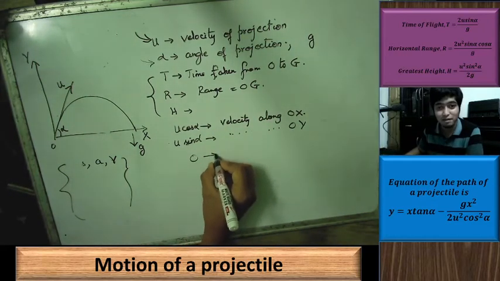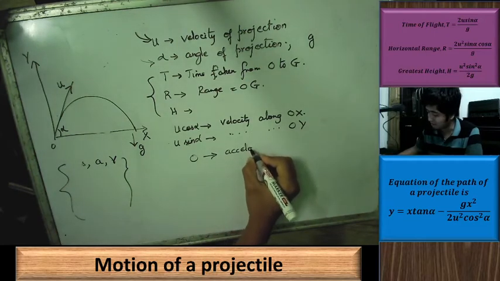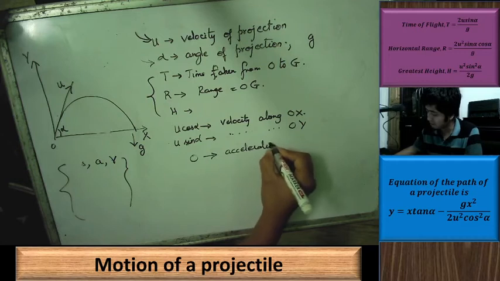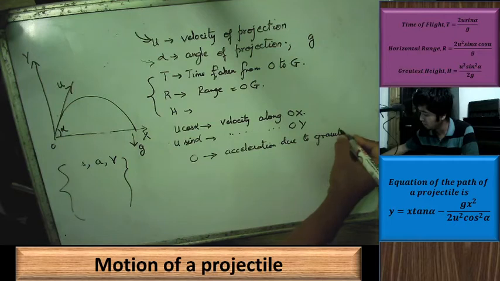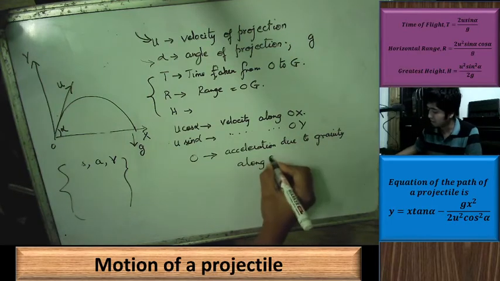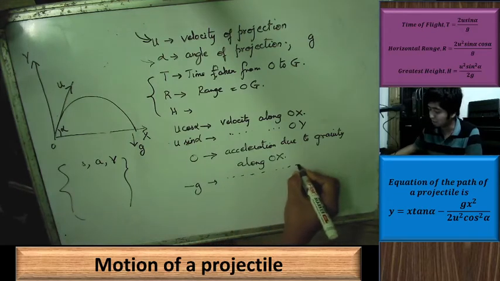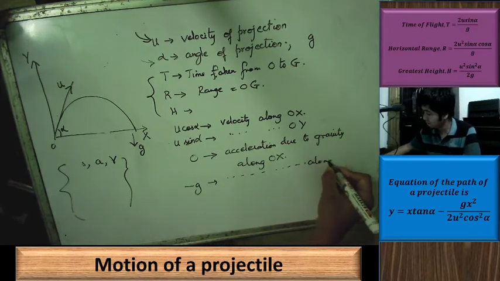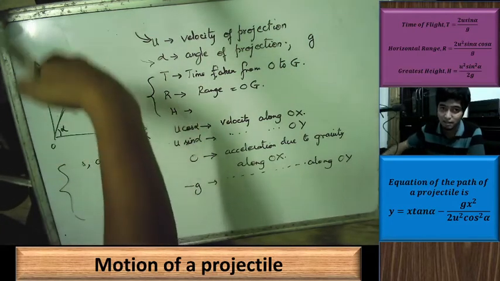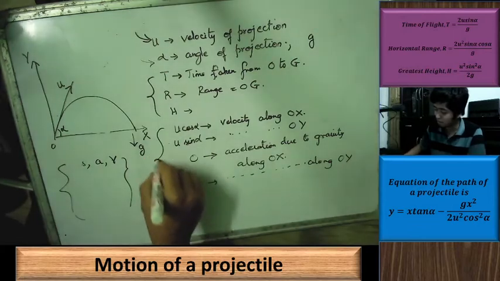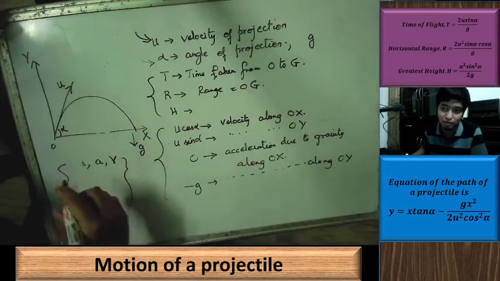It is 0. And minus g will be the acceleration due to gravity along OY. Because we have fixed the positive x direction and the positive y direction, that is why we are resolving all the vector quantities along OX and OY.